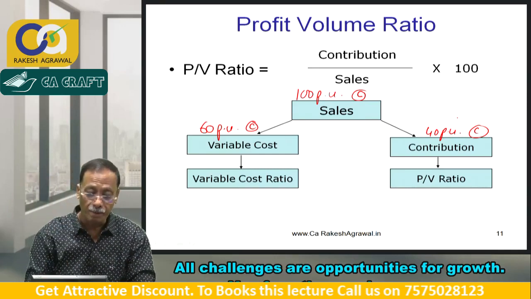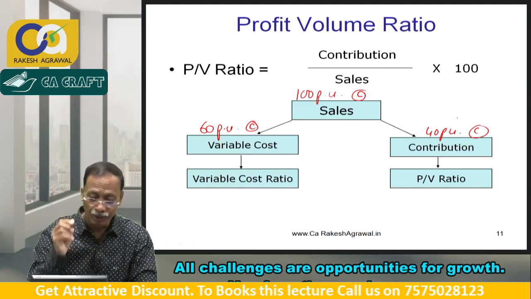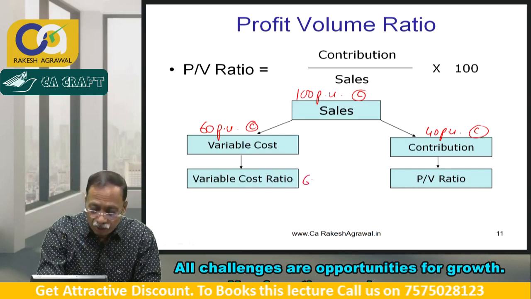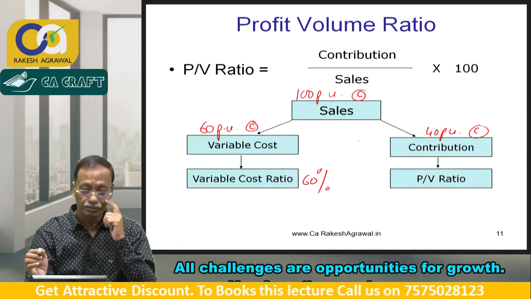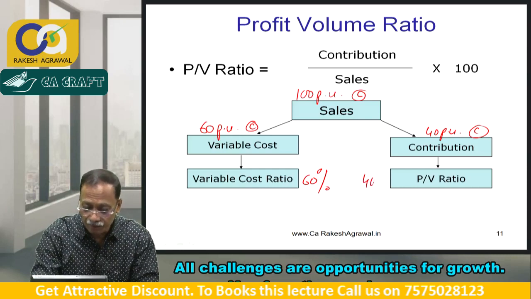I am going further now. Variable cost divided by selling price into 100, my variable cost ratio will become 60, 60 upon 100, 60%, and PV ratio, that is 40 upon 100, will become 40%.